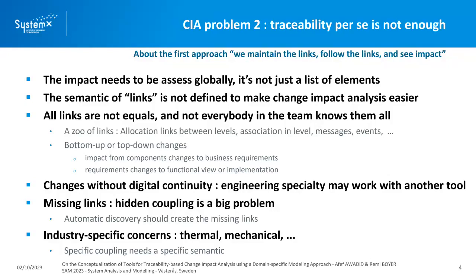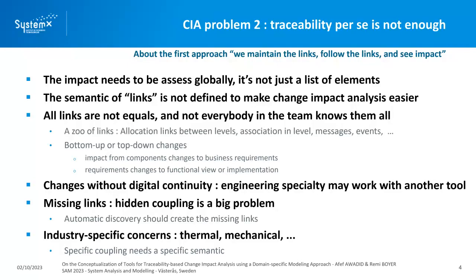So the impact needs to be assessed globally, and in current links, the semantics is not defined to reflect changes. It's association, it's messages. So there is no support to trace changes. So a lot of links, bottom-up changes, top-down changes.